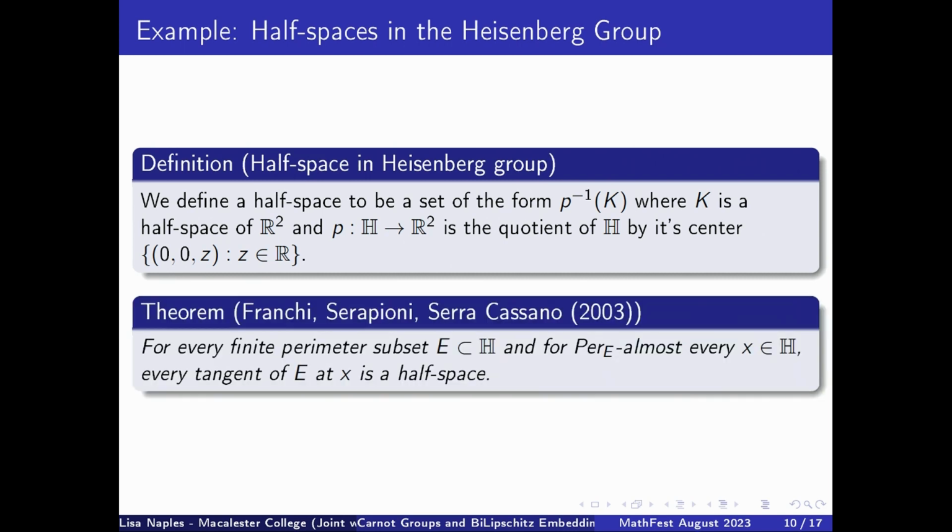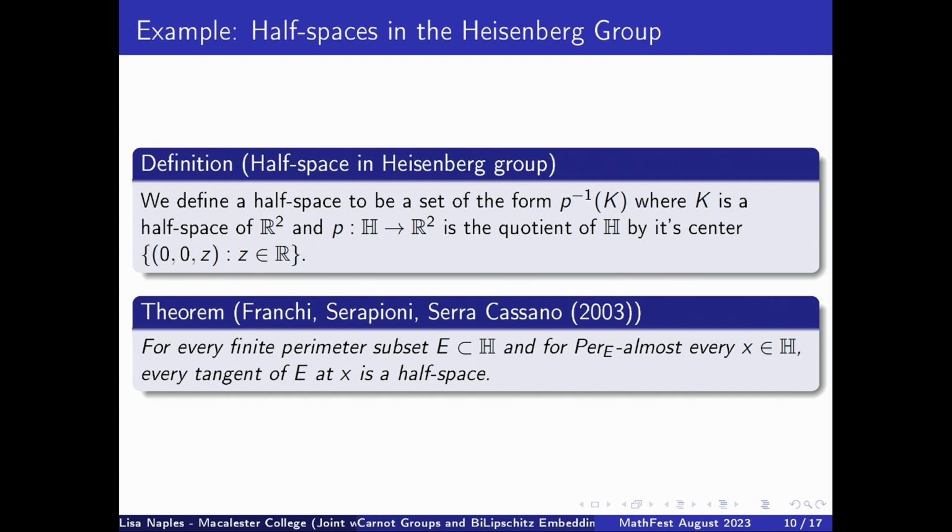It was proven by Franchi, Serapioni, and Serra Cassano in 2003 that if we have a set of finite perimeter in the Heisenberg group, then for perimeter-E almost every x, every tangent of E at x is a half space.